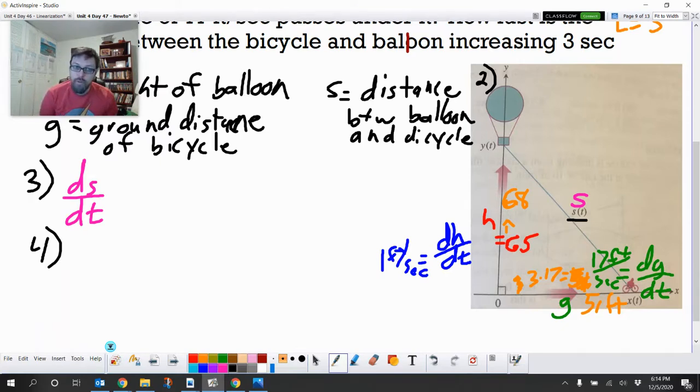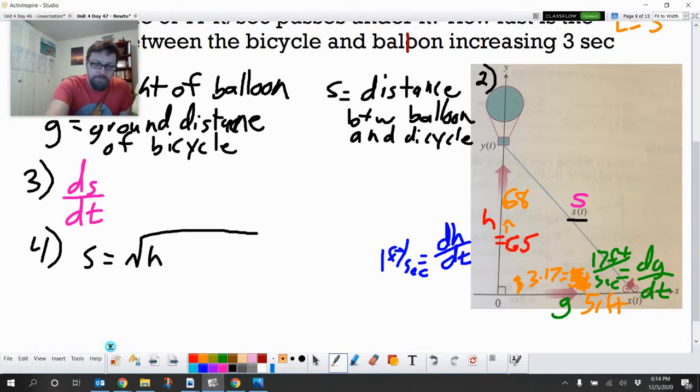So it'd be really great if we started with an equation that had s all by itself to begin with. So our s is going to equal the square root of the height plus the ground distance squared.